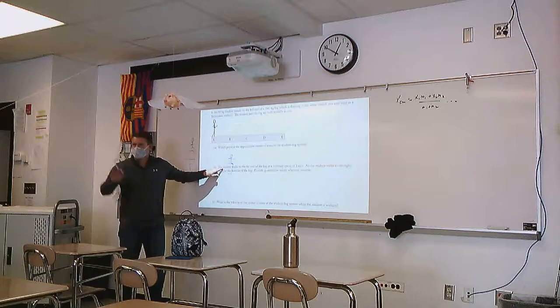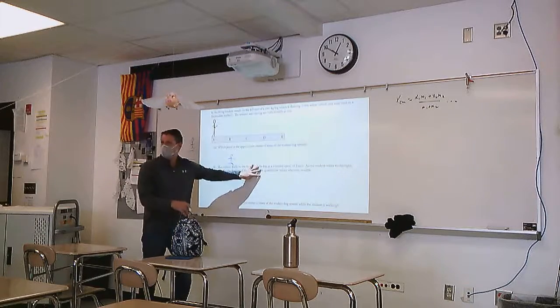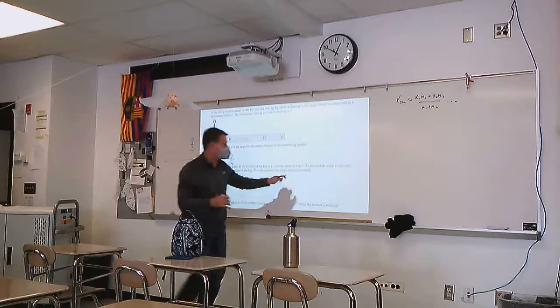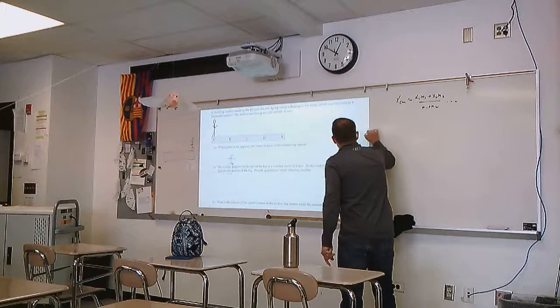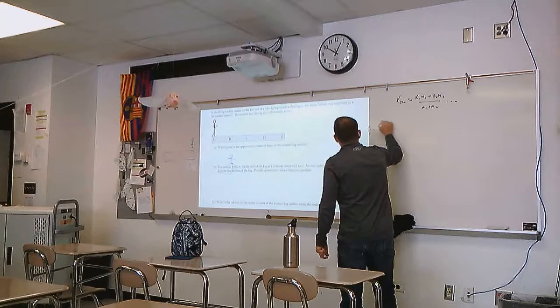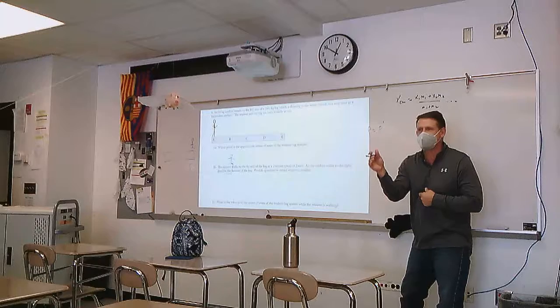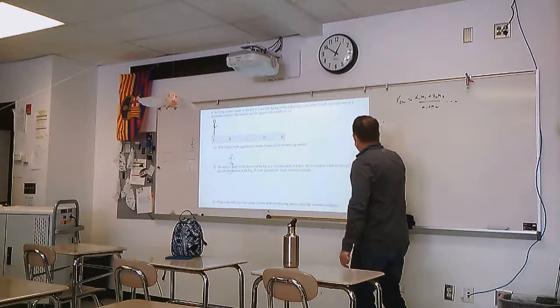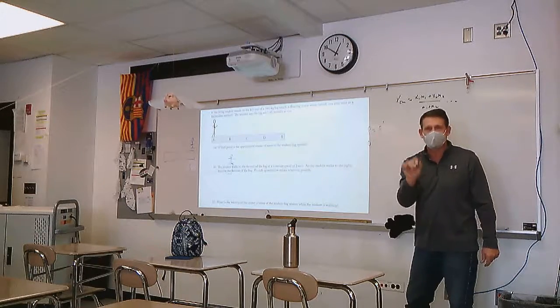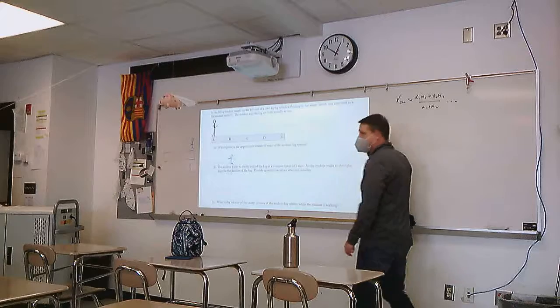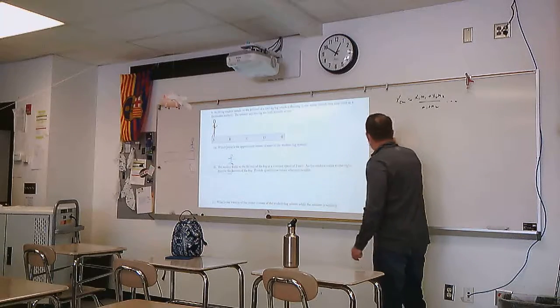So first off, what's Kaylin saying? That's the answer to B, right? It's a conservation of momentum problem here. The momentum to begin with is equal to the momentum after the person starts to walk. But the person's stationary and the log is stationary, so the initial momentum of the system is 0, which means the final momentum has to be 0. Well, how do we get the final momentum?